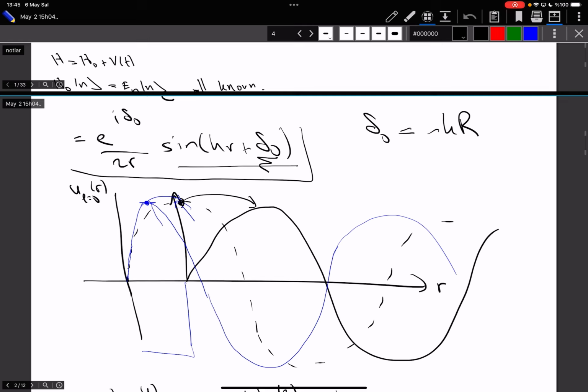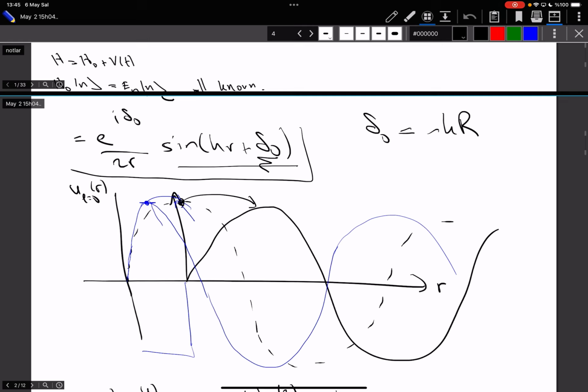But in a more realistic potential, where in a certain region it is finite, the wave is non-zero within the shell, but the wavelength will change. So outside, again, the only effect you will see is the outside wave will shift out or in.